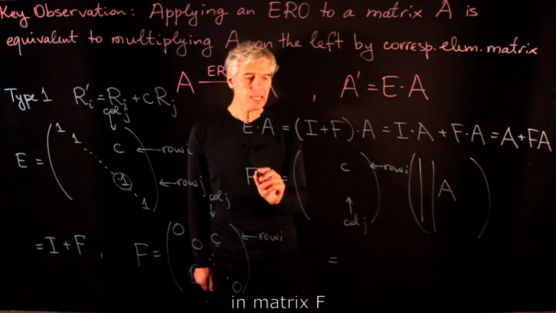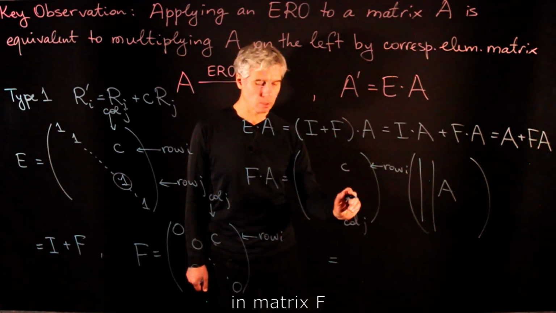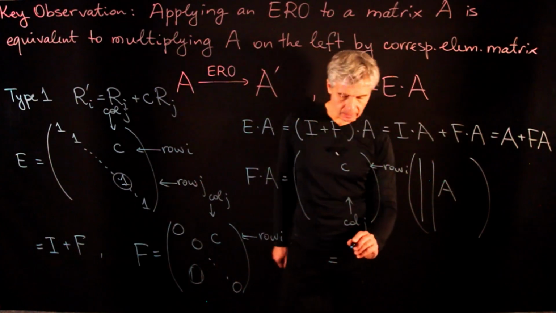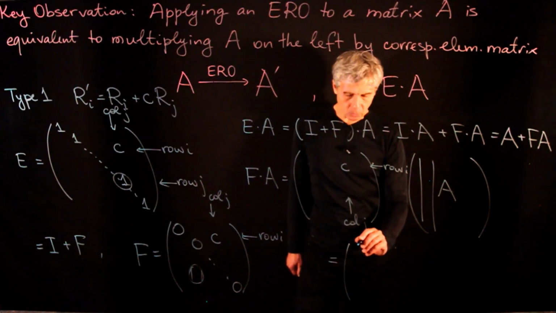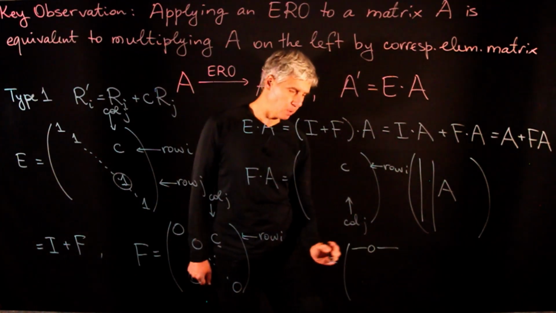And in matrix F, all rows except for row i are 0 rows. So this means that here we're going to get 0 rows, all except for row i.